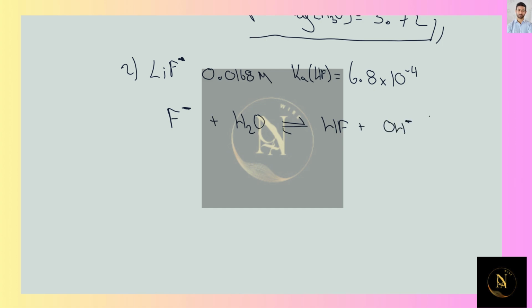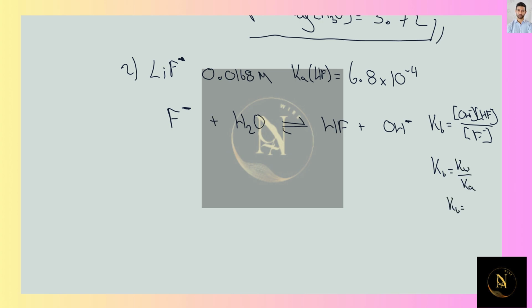And this corresponds to the Kb equation, right? So this is Kb equal to the concentration of OH minus times the concentration of HF divided by the concentration of F minus, which is the base. So now we need to find the value for Kb. Same procedure as before. This is going to be Kw divided by Ka.